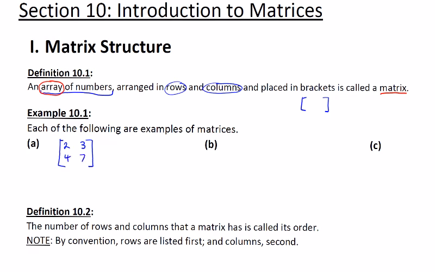So we are to view this as 4 separate entries where there is a first row, a second row, a first column, and a second column, making 2 an entry, 3 an entry, 4 an entry, and 7 also an entry. So we're not to think of this as 23 or 47, and nor do we have to have commas in between to be able to separate out the various elements.